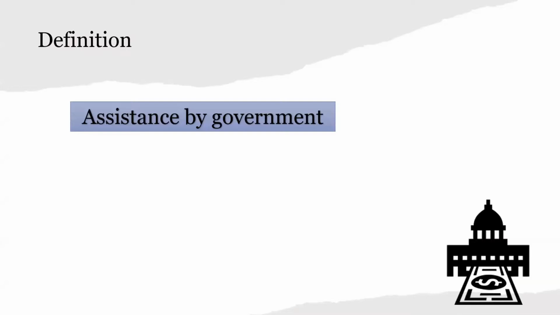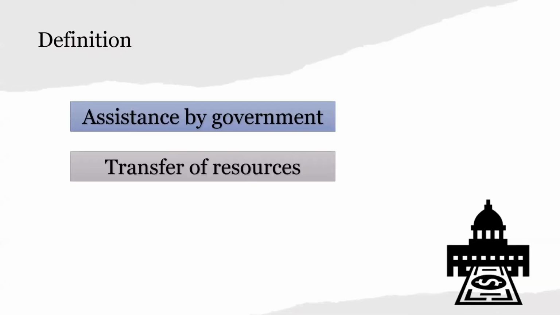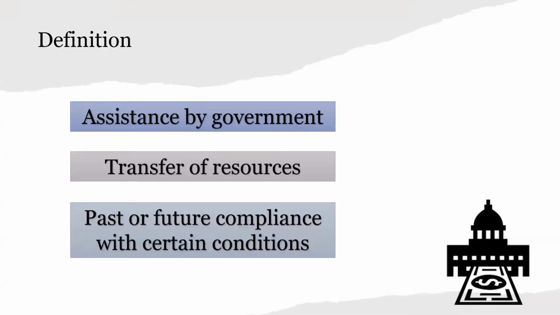So, what is a government grant? Government grants are assistance by government in the form of transfers of resources to an entity in return for past or future compliance with certain conditions relating to the operating activities of the entity.